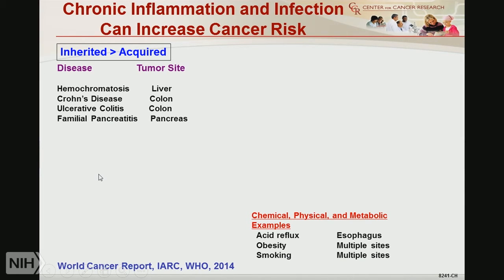President Carter's family is a good example of familial pancreatitis with a high risk of developing pancreatic cancer. In fact, most of his siblings and relatives have died of pancreatic cancer. He is one of the exceptions in the sense that he's in his 90s now and doesn't have pancreatic cancer. Unfortunately, he does have melanoma, which looks like it's being responsive to therapy.